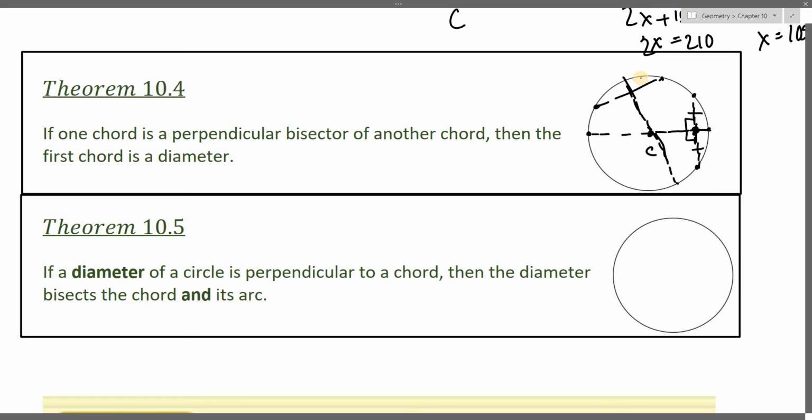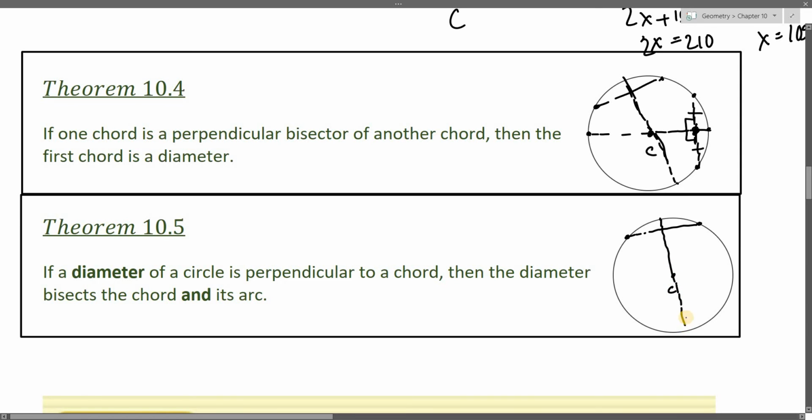All right, Theorem 10.5. This one says if a diameter of a circle is perpendicular to a chord, so this time you have the chord, and it's drawn like so, and you've got your diameter through your center, and it's the perpendicular bisector to the chord.